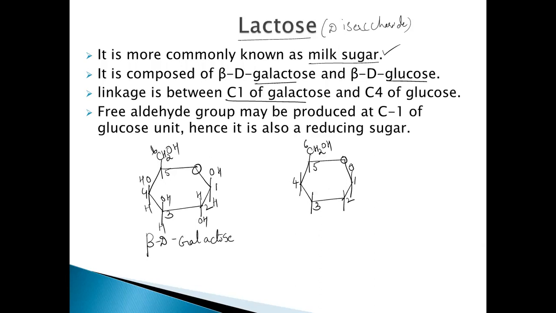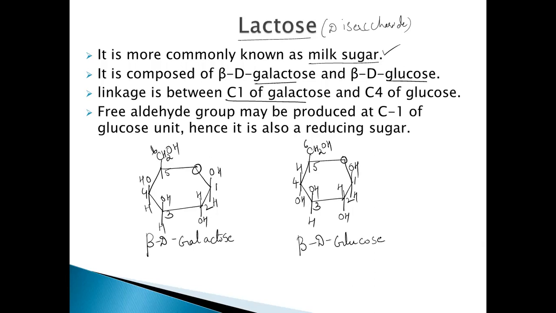Beta means OH on the top, H, OH. So OH, H at the 3rd carbon atom. And 4th is H, OH. And this is beta D glucose.